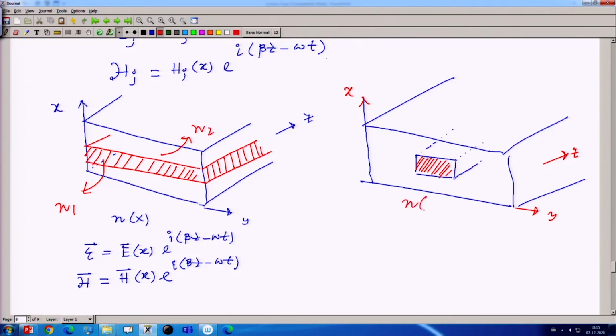So, refractive index is no more a function of x only, it is a function of x and y both. So, there is a restriction over y as well. In this case, the field is distributed in both x and y directions, so there will be a variation of electric field in both x and y direction. So, it should be a function of x and y.